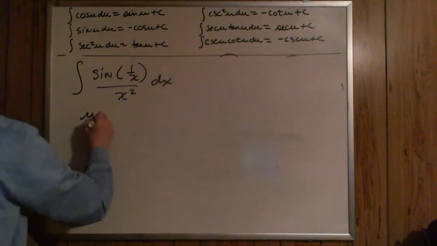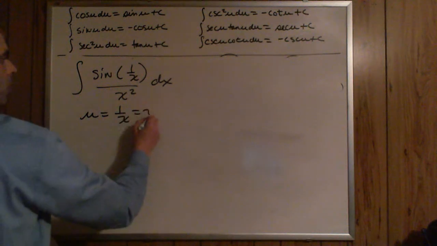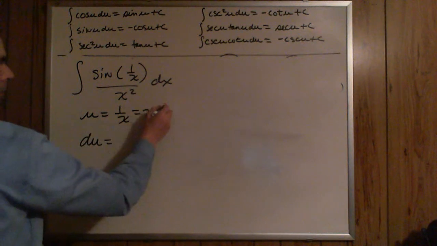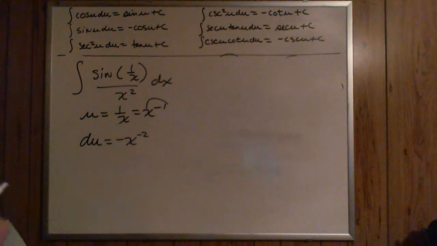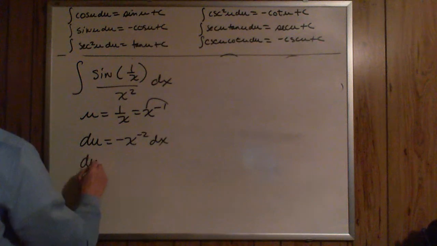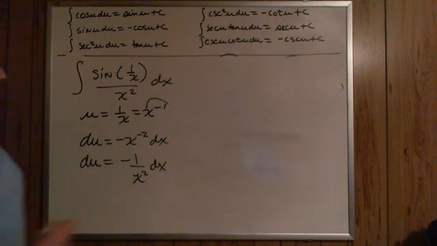So I'll let u be equal to the inside stuff, which is 1 over x, which you know is x to the negative first. The derivative du equals, drop this power down, negative x, decrease it by 1 dx. And that translates into du is negative 1 over x squared dx.